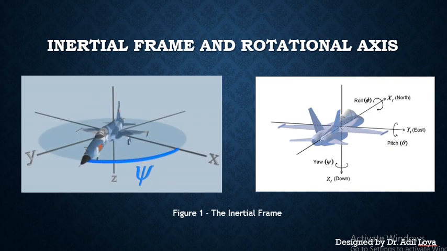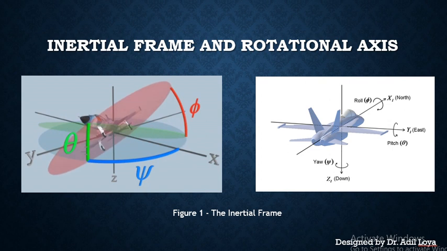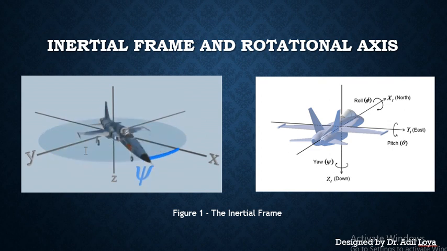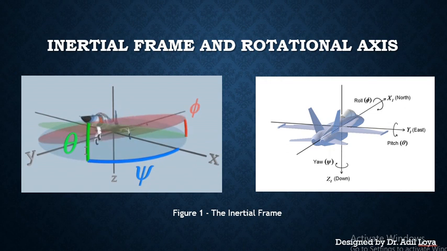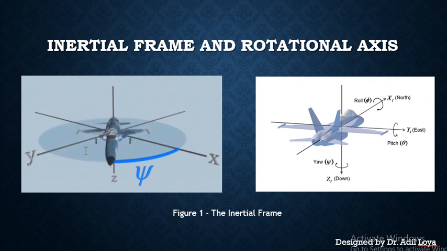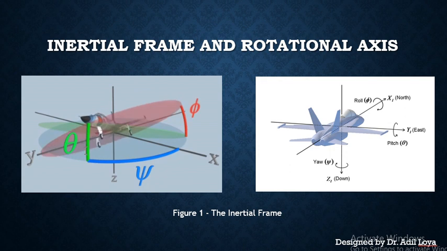Then if you go further, you will see the inertial frame of reference, and within the inertial frame of reference we have three axes on which the aircraft rotates. One is the x-axis, second is the y-axis, and third is the z-axis. When it rotates with respect to the z-axis, it creates an angle called psi, which is basically changing the yawing angle.